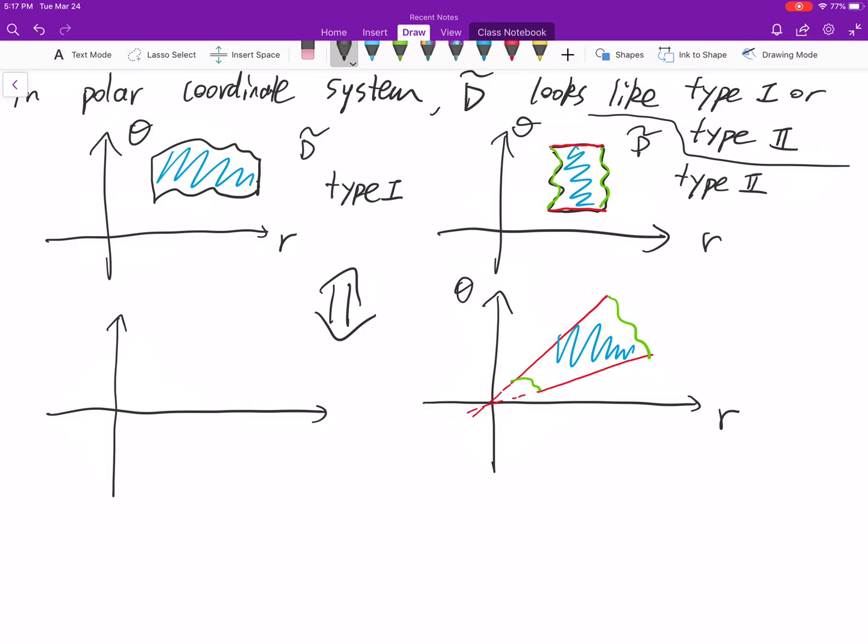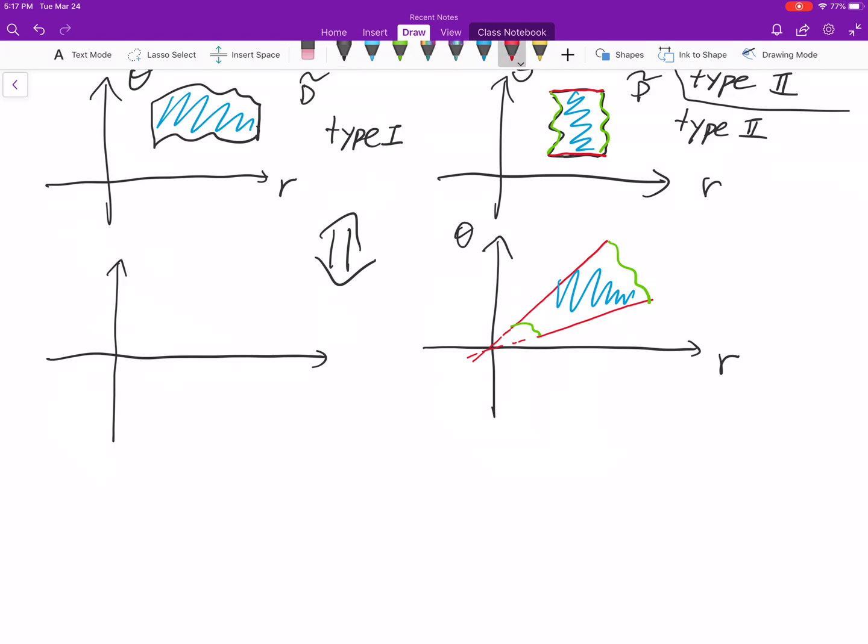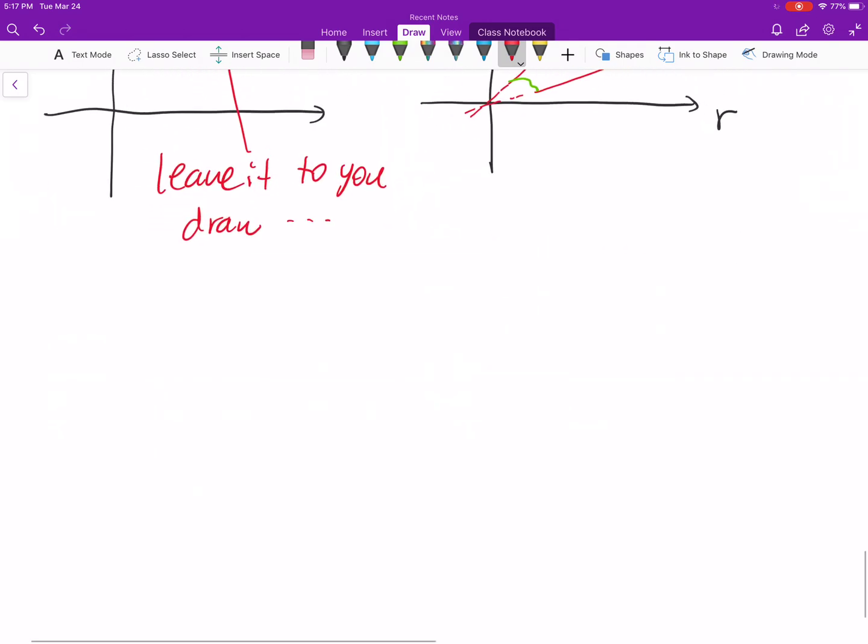And actually the key point is you understand what's the fundamental idea, what's the essential part. I leave it to you to figure out. Draw the corresponding picture here.